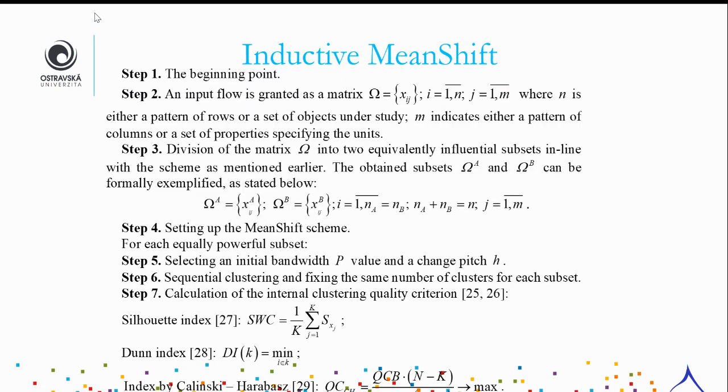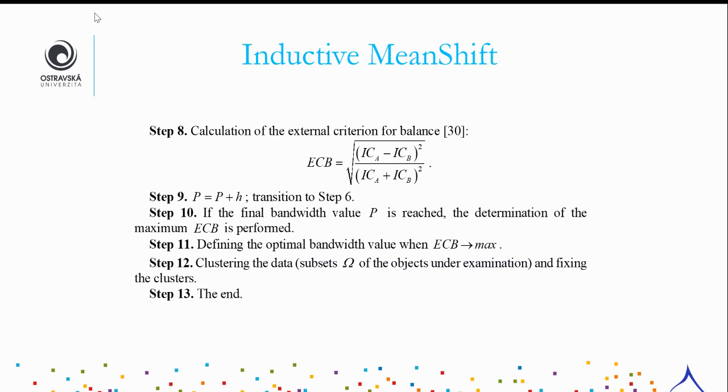Generally, we also estimate the clustering quality of the introduced scheme by means of three quality criteria: the silhouette index, the Dunn index, and the Calinski-Harabasz index. We also fix a number of clusters for every subset. I forgot to mention that before. And the general performance of the clustering quality is evaluated by means of the external criterion, which is the balance criterion for our case, which you can see in step 8.